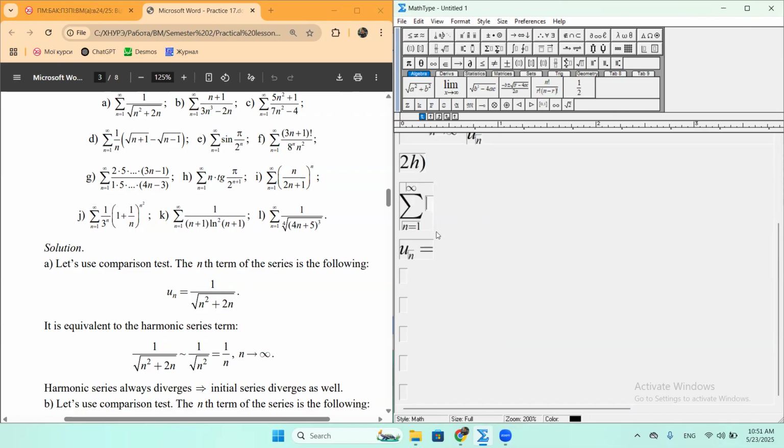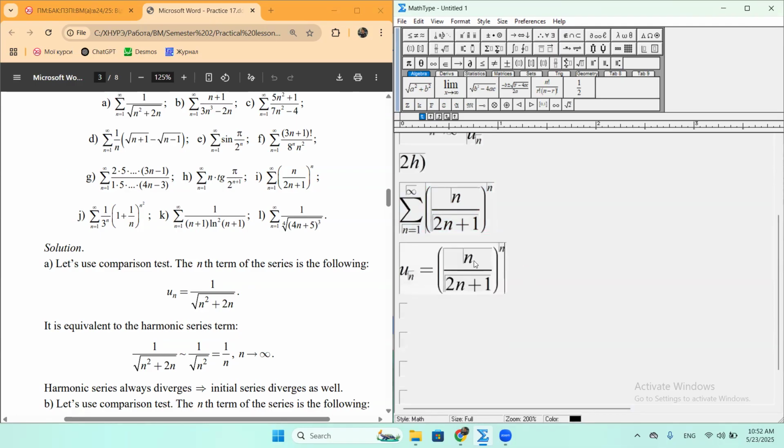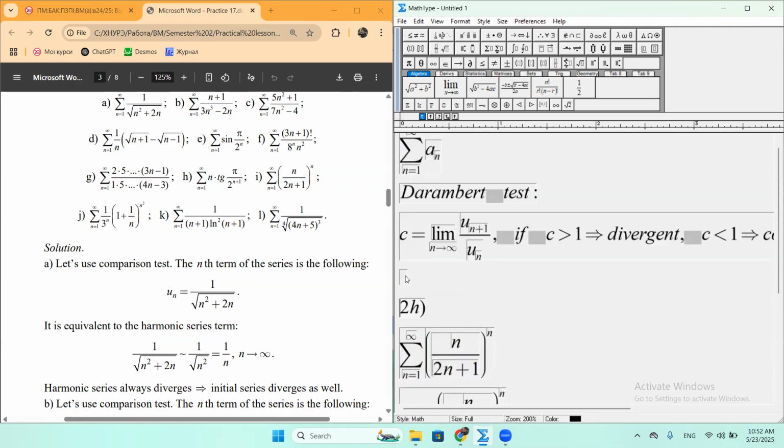So first of all I will write down the expression of the series. So the nth term is the following. So n over 2n plus 1 in power of n. And un actually equals this expression as well. We will use the radical Cauchy test.